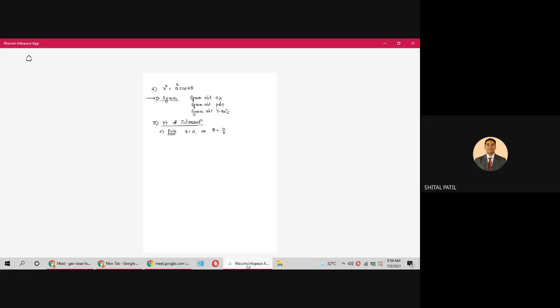Pi by 4 or what the value, I don't remember. We are going to find it once again. Therefore, the curve is passing through the pole. It was pi by 4. Passing through the pole.